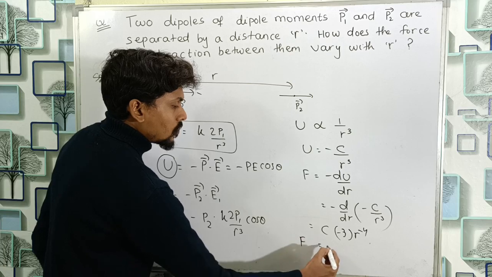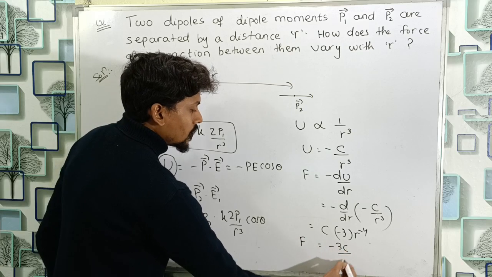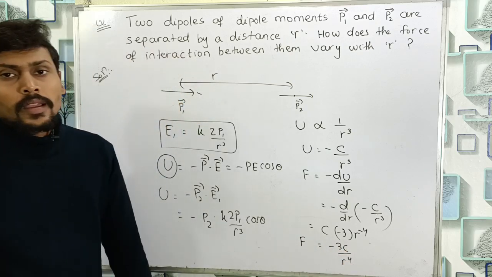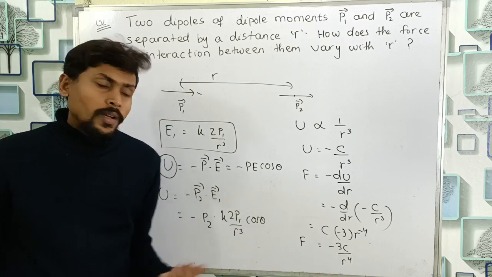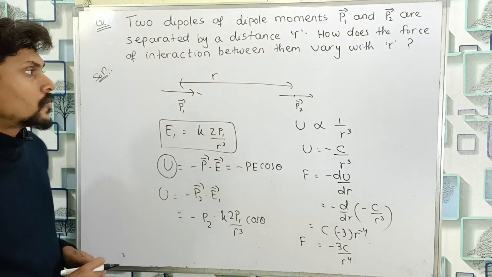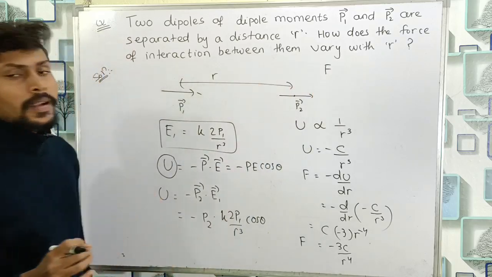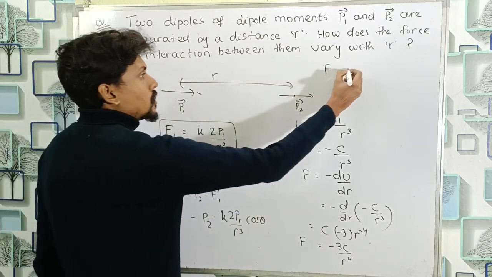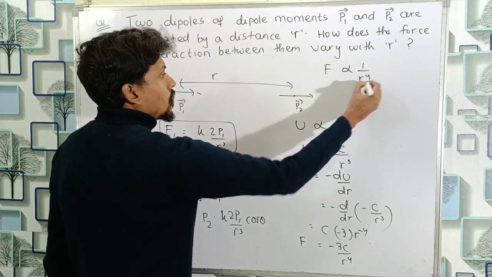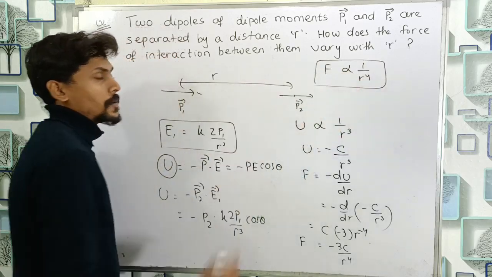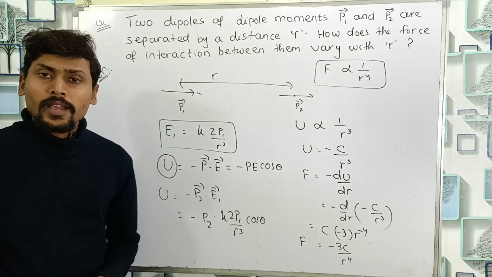So force is equal to minus 3c divided by r to the power 4. Again, this 3c is a constant quantity. So we get that the force of interaction between the two dipoles separated by distance r varies inversely as the fourth power of the distance between them. In this way you can solve this question.